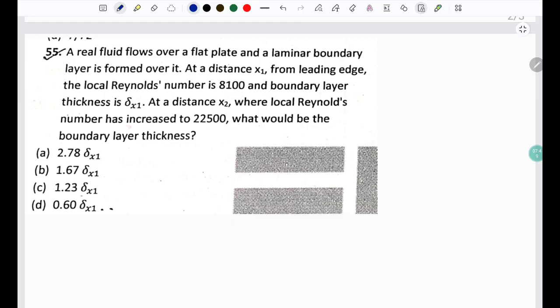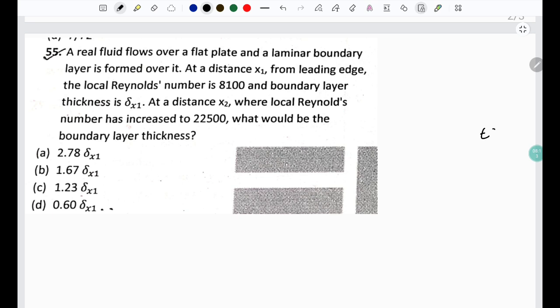Now this is another question where I made a mistake. The mistake I made was because I had solved a question which said that the Reynolds number at a point M in a plate changes from 100 to 484.